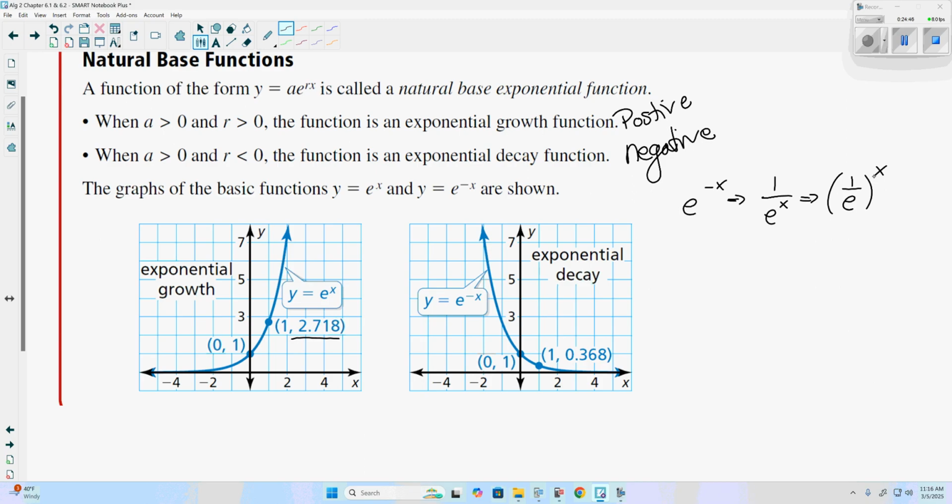And some of the logic for why we can go from here to here, because if we did apply that x back to it, 1 over e to the x, we already said earlier 1 to the x is just 1. So it's not going to be changing no matter what x is. Which now, that base, 1 over e, is between 0 and 1. It is decay. We don't have to do all these steps. We just know that if that exponent's negative, it's decay. With e, if it's positive, it's going to be growth.